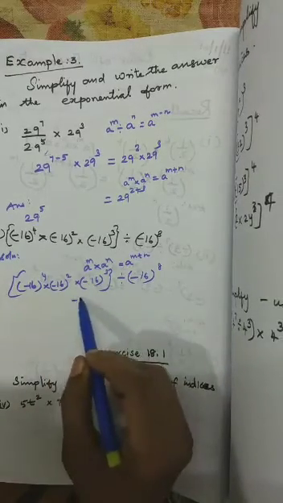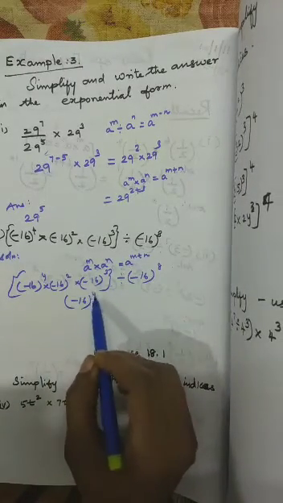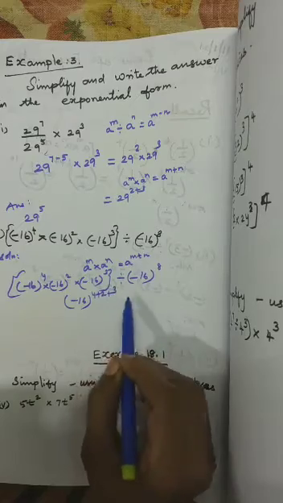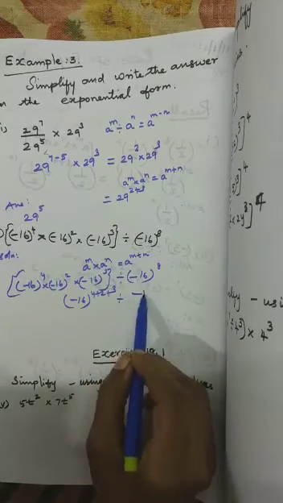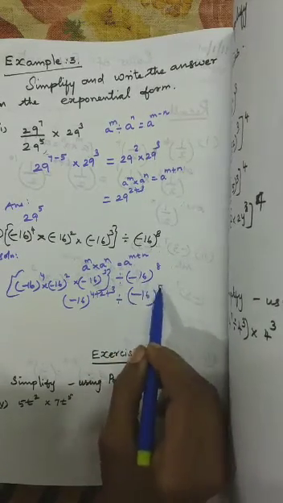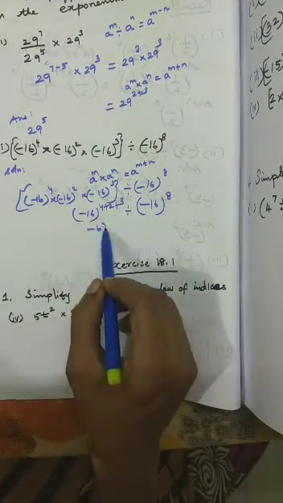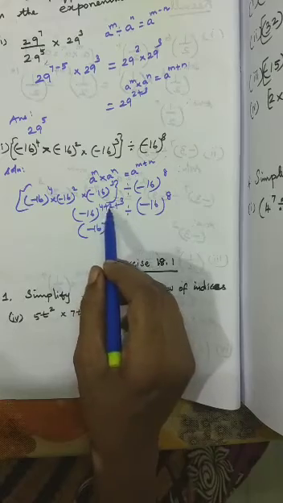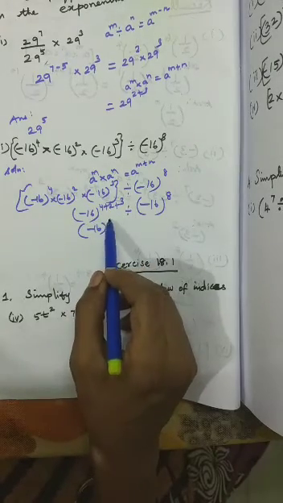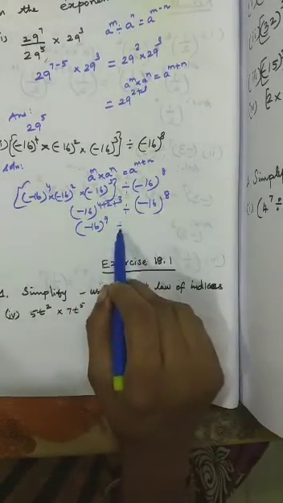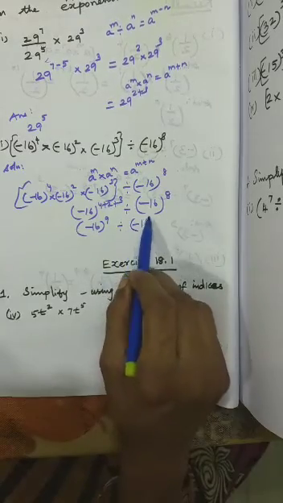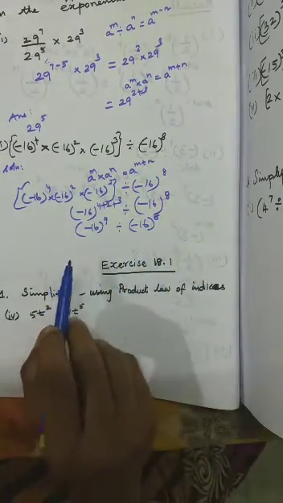Now we can write this as minus 16 whole power 4 plus 2 plus 3 divided by minus 16 the whole power 8. Isn't it? So now minus 16 the whole power 4 plus 2 is 6, 6 plus 3 is 9, divided by minus 16 the whole power 8.